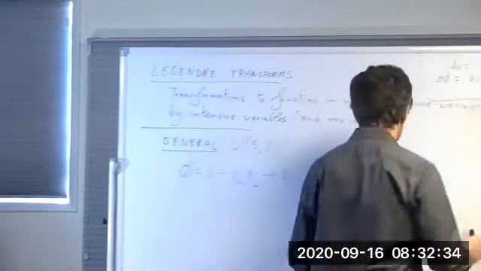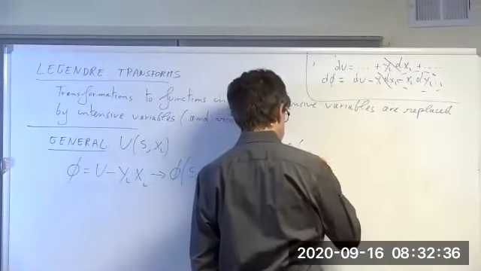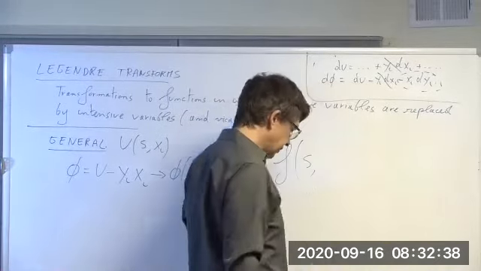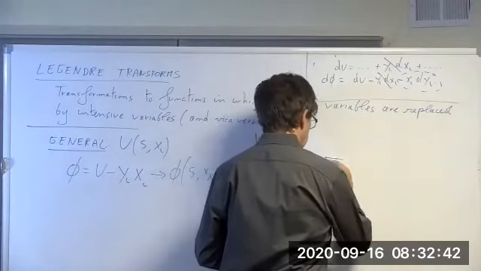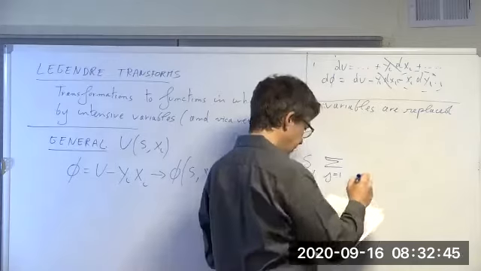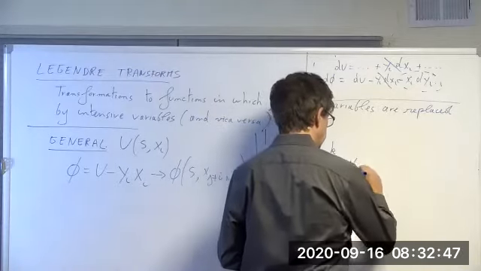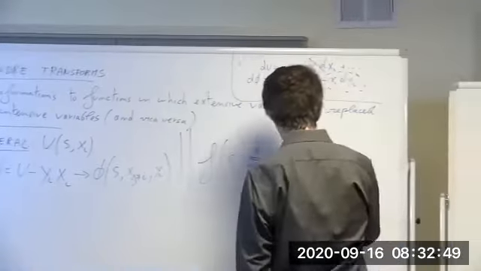And so that will lead in general to some function, I'll call it f, as a function of s. So I haven't Legendre transformed with respect to t, I guess. Some j equals 1 to k of xj. So these are the non-Legendre transformed variables.